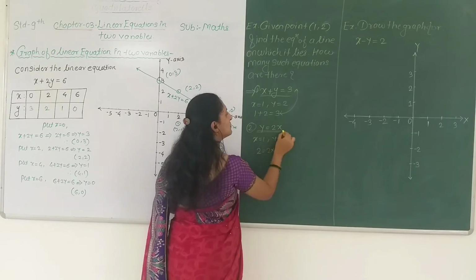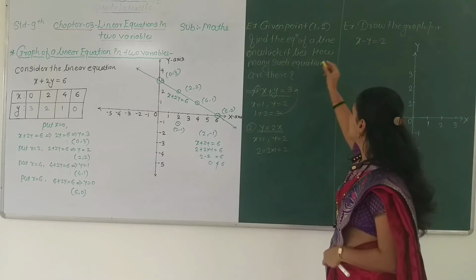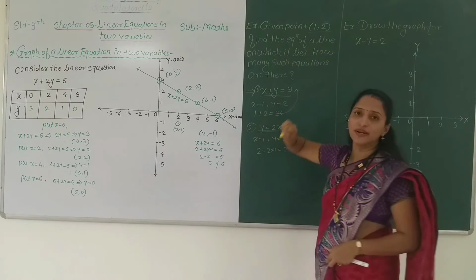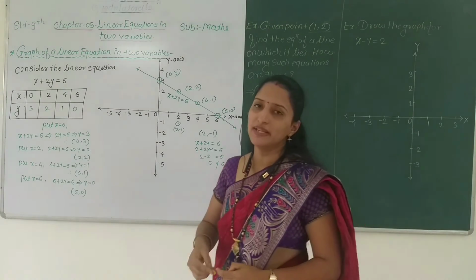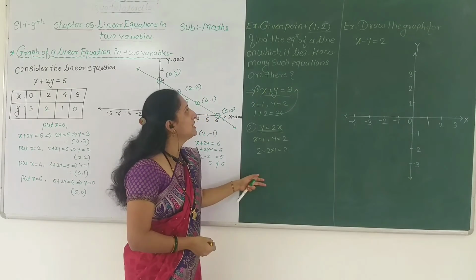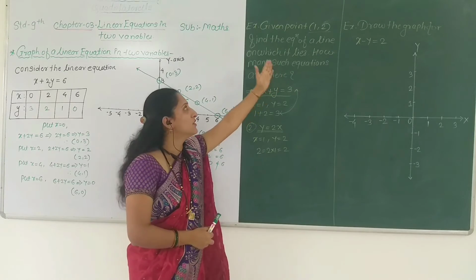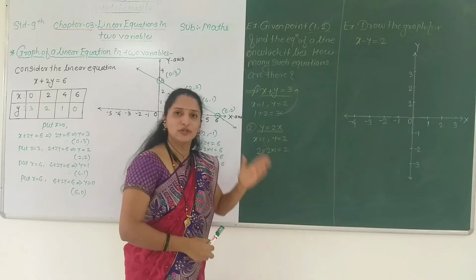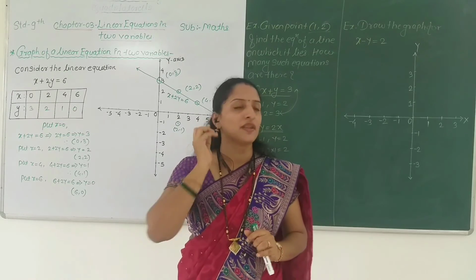That means y is equal to 2x is another equation of a line which satisfies the coordinates of the point 1, 2. In this way we can find infinitely many equations satisfying the point 1, 2. Okay students, it is very simple and very easy.